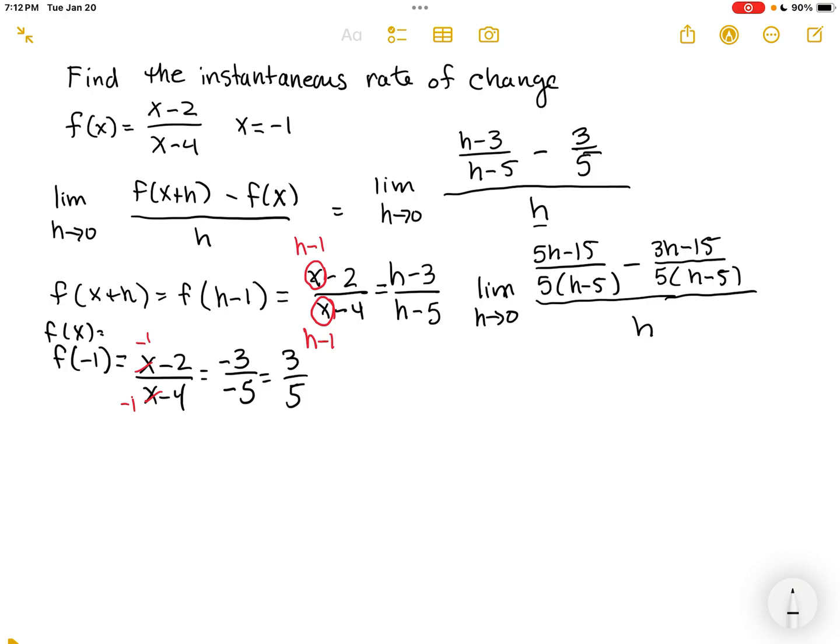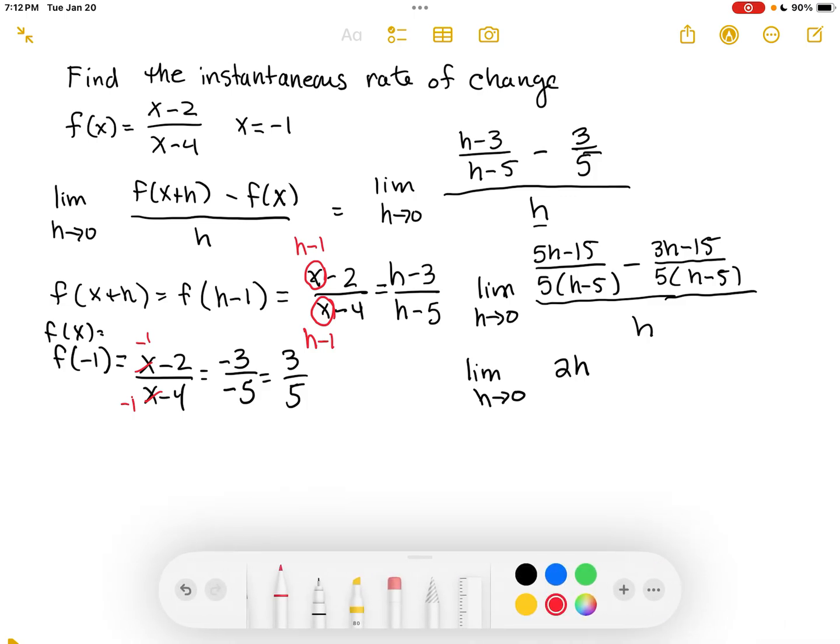Now, if I combine those two fractions, now that I have a common denominator, I have 5h minus 3h, so that gives me 2h. And then I have a minus 15 minus a negative 15. That double negative makes that 15 positive.